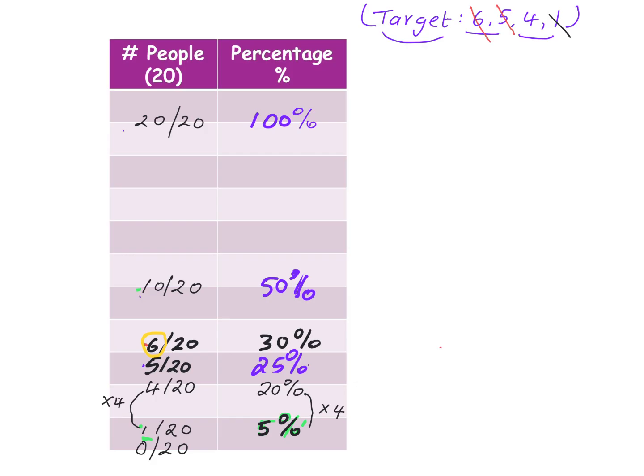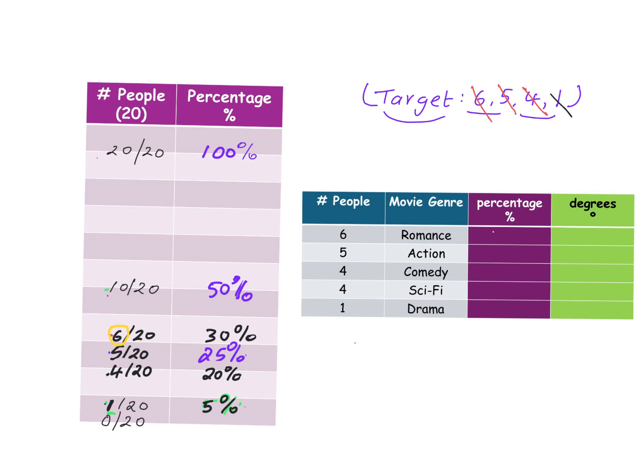So 4 out of 20 is equal to 20%. So I've just converted the raw scores from this column here to a percentage.